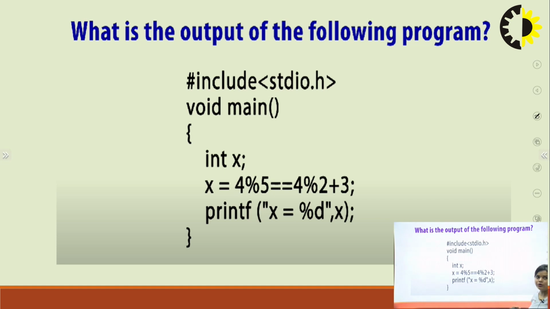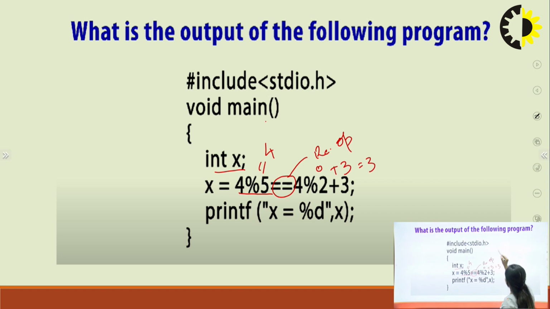Find the output of the following program. Clear? Let's say void main. This is the main. Integer x, the value of this will be stored in x: 4 plus modulus 5. Modulus gives the remainder, so 4 will come. Equals to is a relational operator, which we have learned in our previous slides. 4 mod 2 gives 0, and 0 plus 3 gives 3.